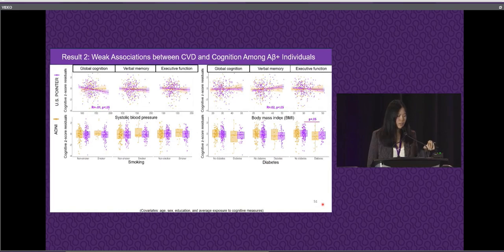Okay, for result 2, we are interested in whether the vascular biomarkers could contribute to this. So we fit a couple of linear models as well. First, in this graph, I show the non-neuroimaging-based vascular biomarkers. You can see the higher systolic blood pressure is associated with worse global cognition in pointer. And for BMI, the higher BMI was associated with better verbal memory.